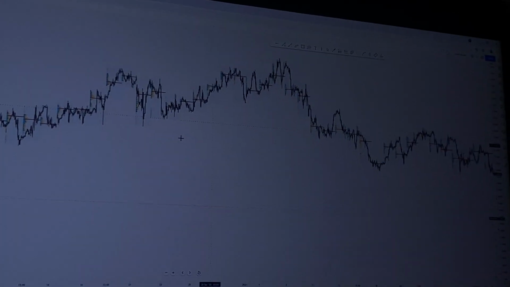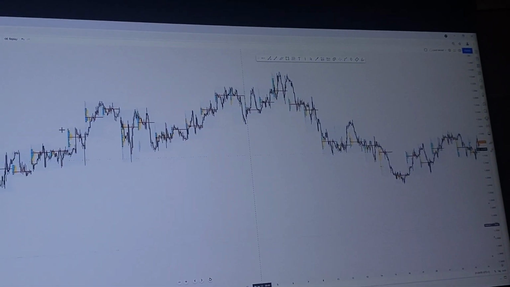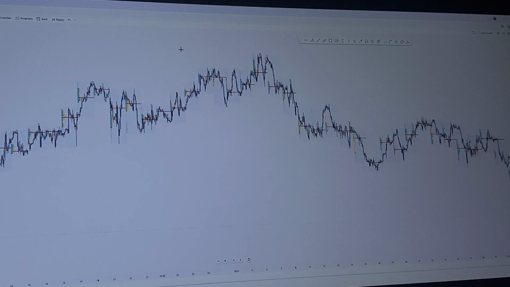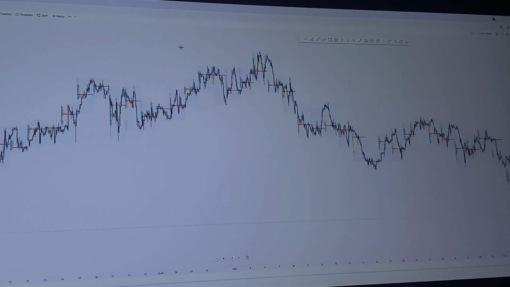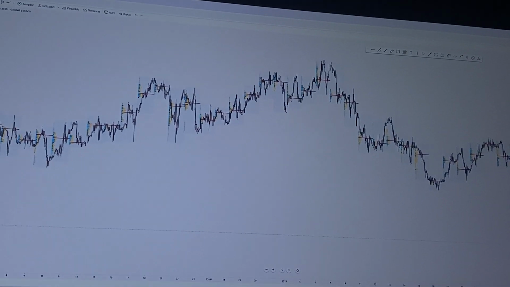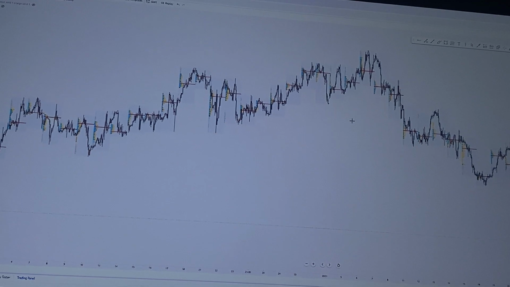Now, if you look very closely, you're going to see that we have this whole range. We have something like yellow, blue here, and then this red line in between.